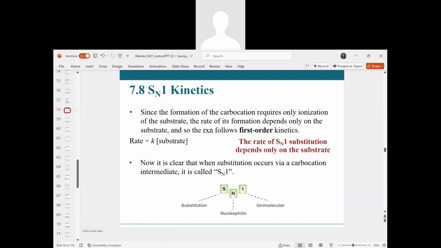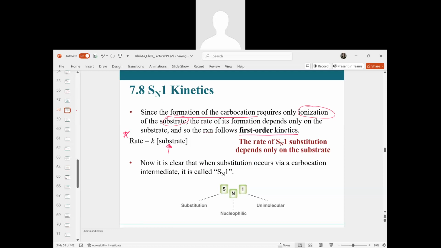So when we talk about this first order reaction and the fact that the rate determining step is the formation of this carbocation, this requires ionization of the substrate. That's why, for first order kinetics, specifically an SN1 reaction, the rate will be equal to some constant times only the concentration of our substrate.